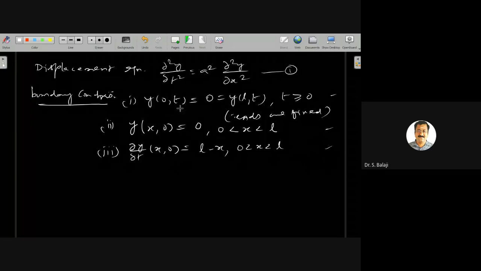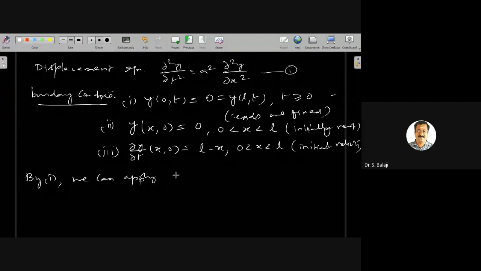Because of this condition, you always have to apply the Fourier sine transform. Because of the initial conditions, initial rest position and initial velocity, we can apply the finite Fourier sine transform on equation 1.